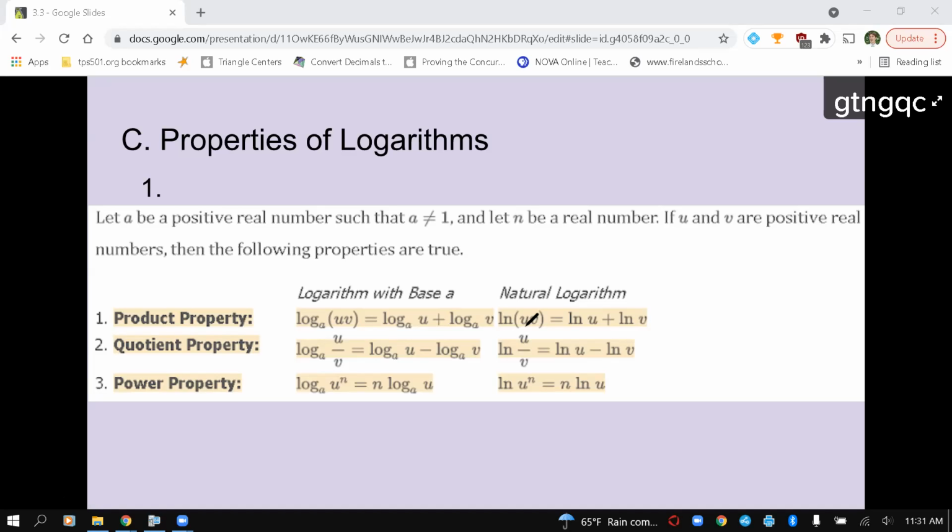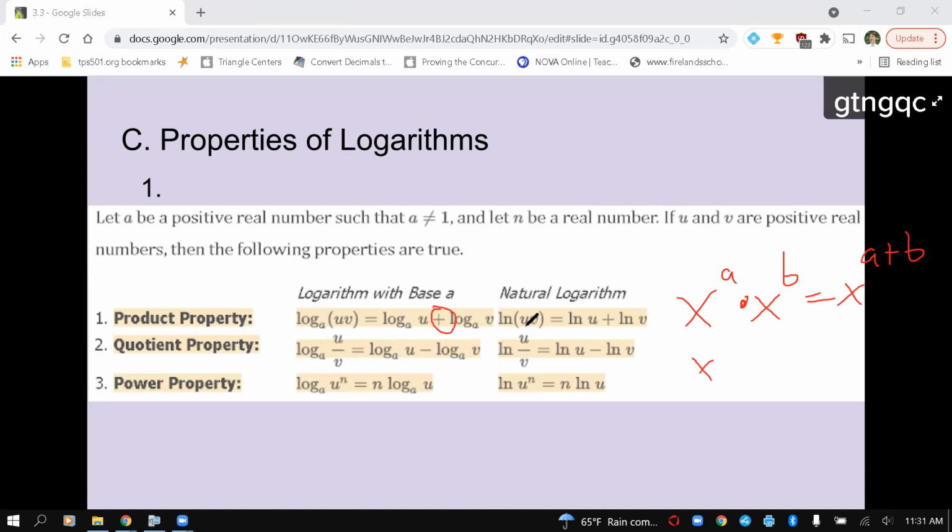These rules are pretty much the exact same as the rules you did for exponents. If you have x to the a times x to the b, what do you do with a and b? You add them.